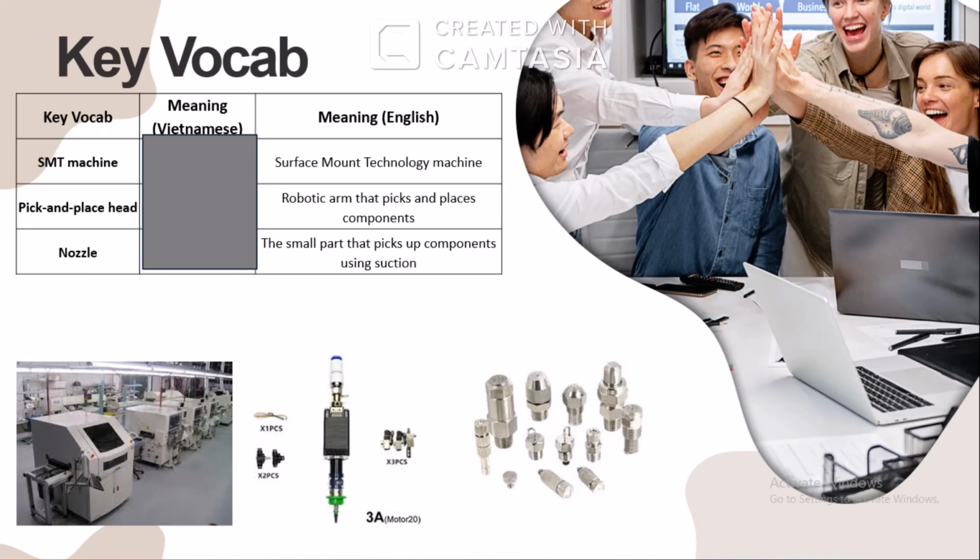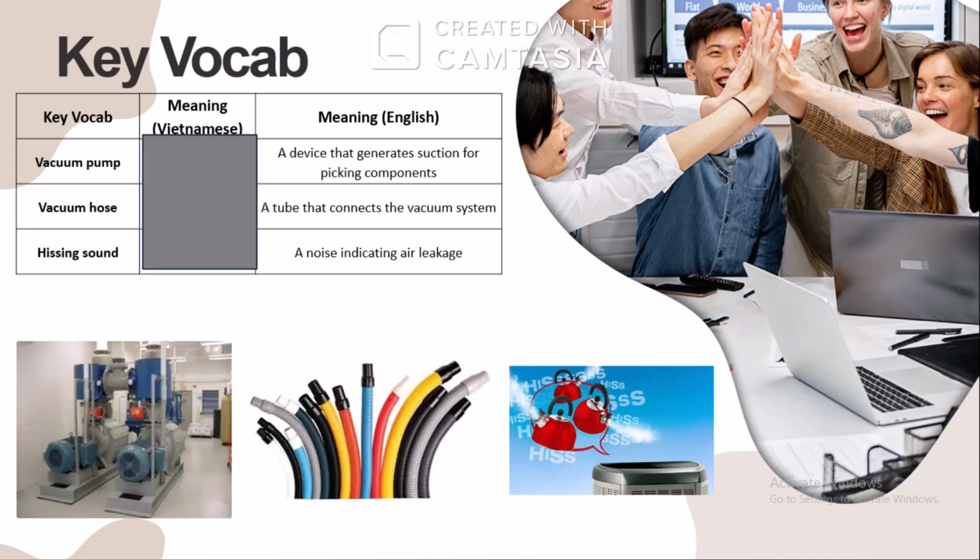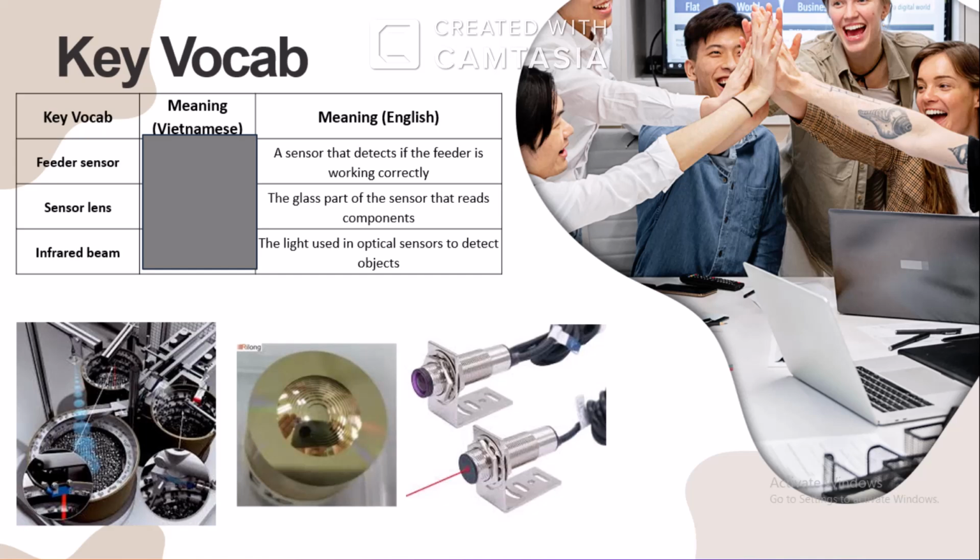SMT machine. Pick and place head. Nozzle. Nozzle clog. Vacuum system. Vacuum pressure. Vacuum pump. Vacuum hose. Hissing sound. Feeder sensor.